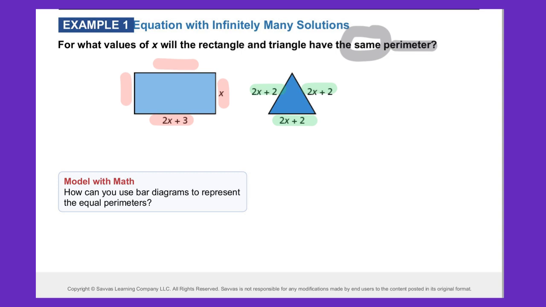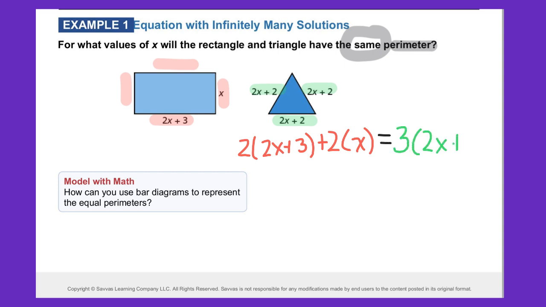So let's start with the rectangle. I have two sides that are 2x plus 3, and I have two sides that are x. And I want to know when that is equal to my triangle. Three sides, each one is 2x plus 2.